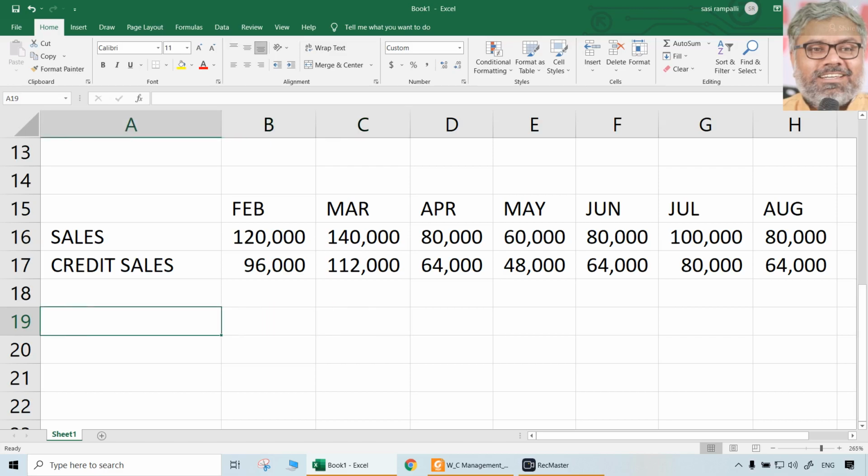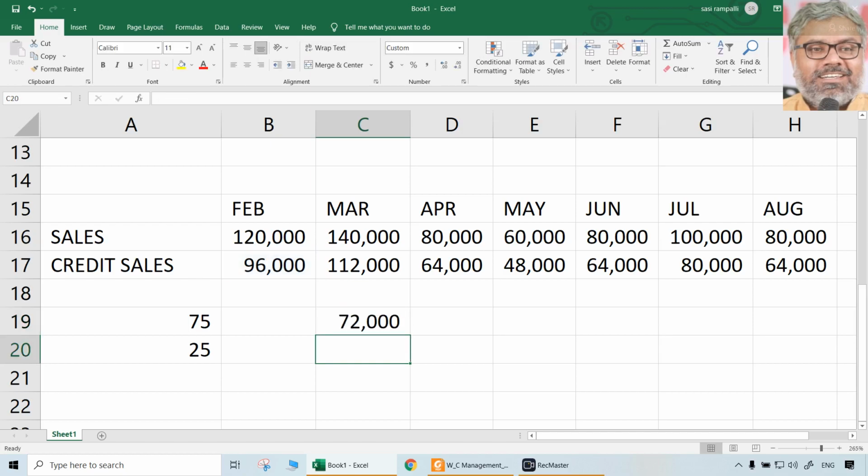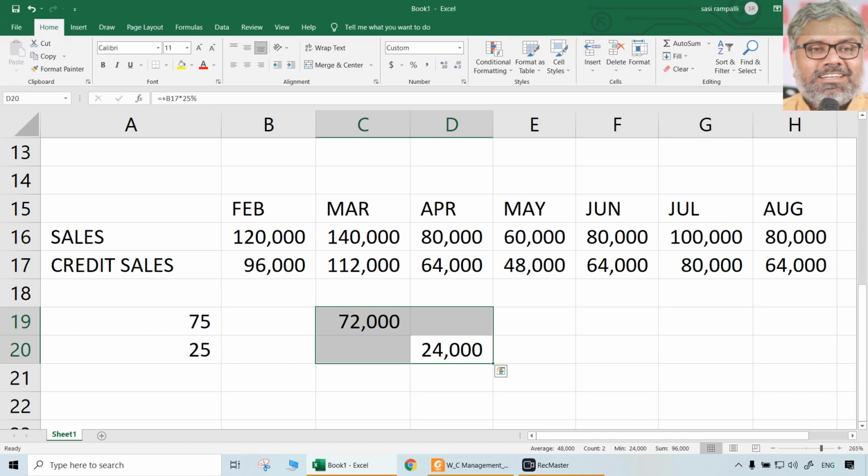So let us put this 75 and 25 separately. 75% of February credit sales will be collected in March. What about the remaining 25%? They will be collected in April. Same February credit sales, 25% of that will be collected in April. Just for checking, total should be 96,000.